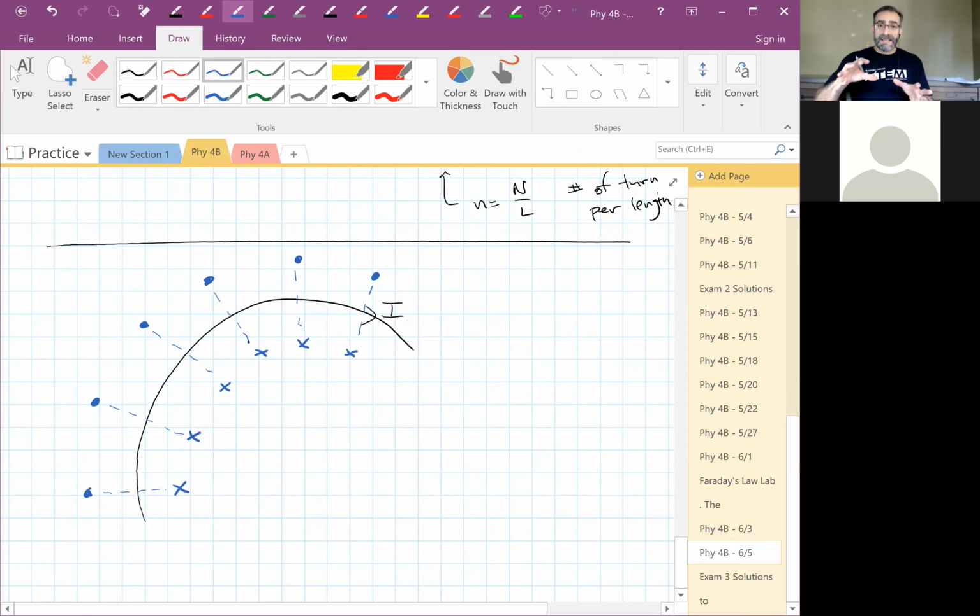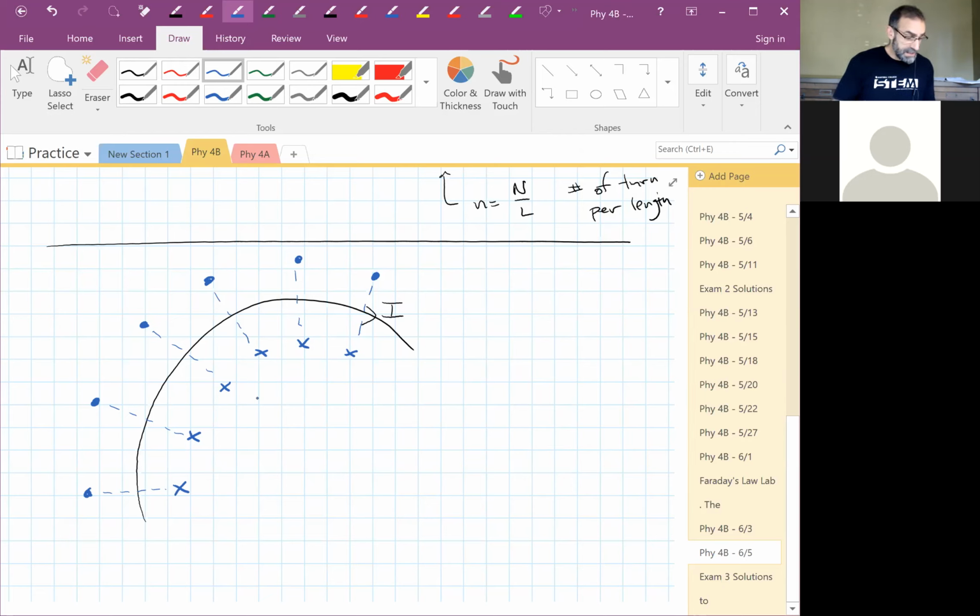You can see that the magnetic field on one side of that wire is stronger than the magnetic field on the other side of the wire. You bend that wire around and the field that's going into the page on the right side or below the wire is going to be stronger. Those are closer together. The X's are closer together than the dots are. So the magnetic field on one side is stronger than the magnetic field on the other side. Now, there's no nice path you could pick going around this wire that the integral of B dot ds is easy to solve, right?